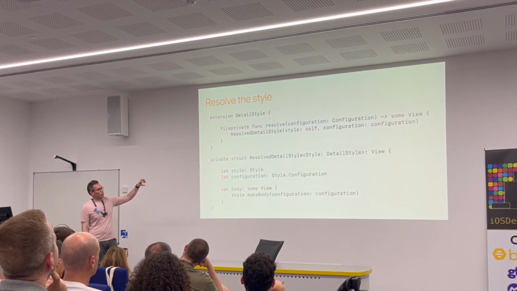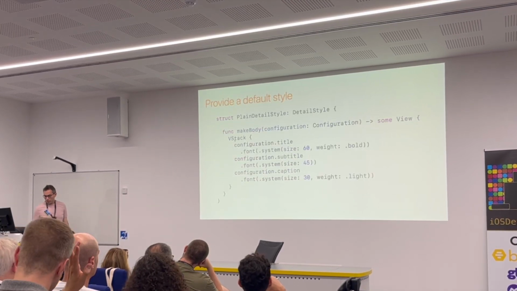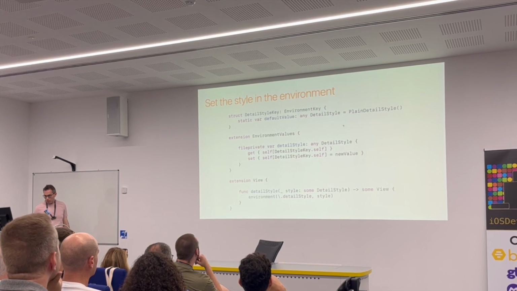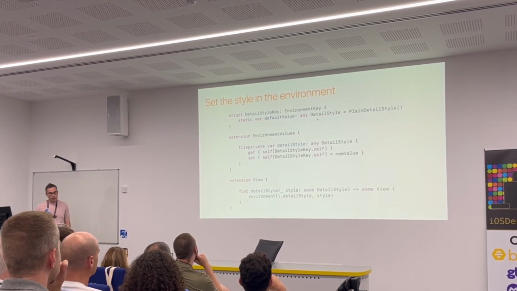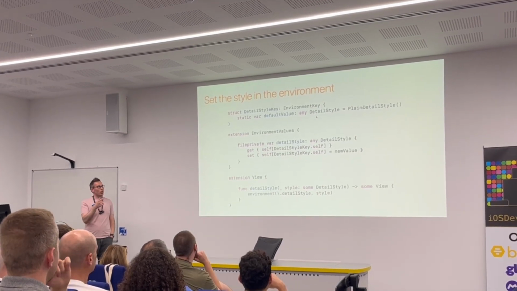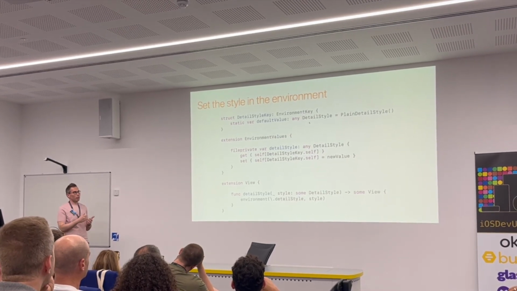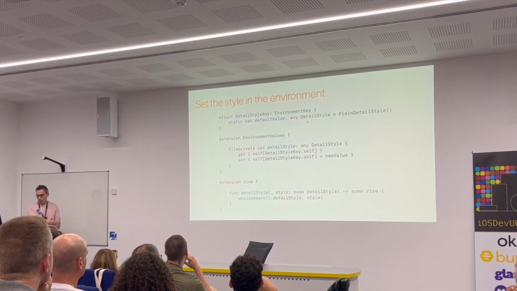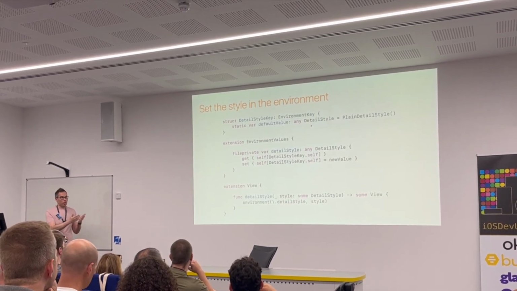which means that, go back one second. When we've defined this environment key, we've defined it as any detail style here. You could write your own opaque wrapper around that, just any detail style, because it's a function that's adding style to this view, in which case you'll end up with some more any views going around the place.